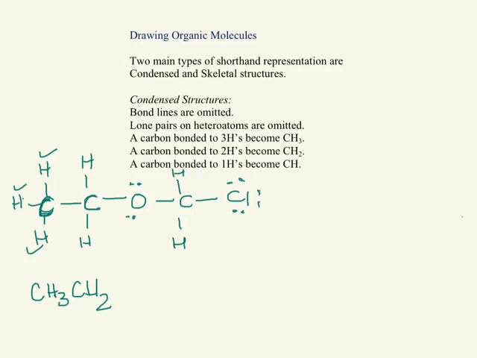Remember we said that we do not write lone pairs on the heteroatoms in the condensed structure, so omit lone pairs on the heteroatoms. Oxygen and chlorine in this compound are heteroatoms, so O. Then next is CH2 and Cl. So that will be the condensed structure.